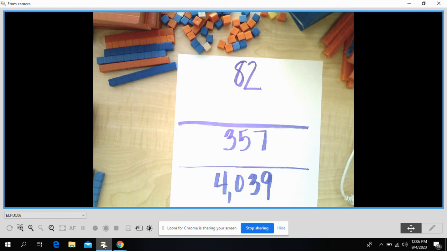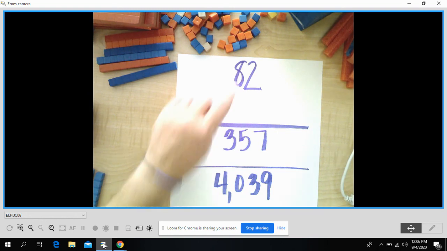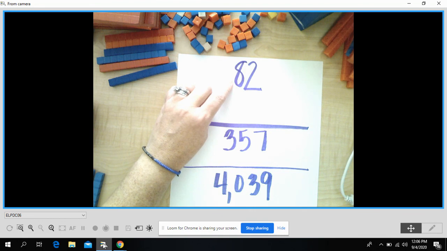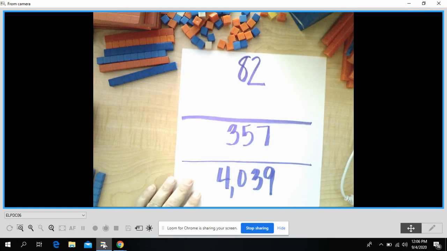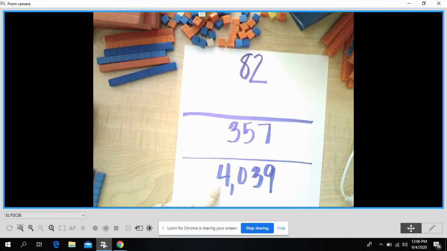If you can find more than one way to show me 82 with your tens and ones, if you can show another way to make 2 ways to make 357 with your hundreds, tens, and ones, and this last one, if you can show more than one way to make 4,039 using your ones, tens, hundreds, and thousands.